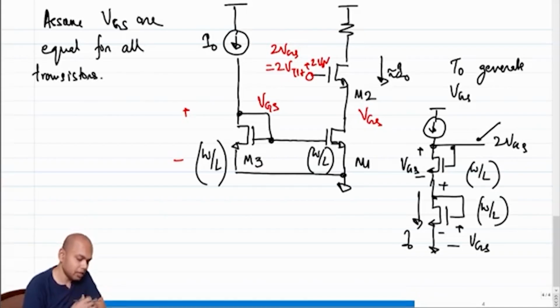And do you think this biasing scheme is better than the resistor divider? Of course it is, because our transistor M2 in the original network wants a biasing voltage which changes with the threshold voltage variation in order to adapt itself, and this clearly will serve the purpose, right?